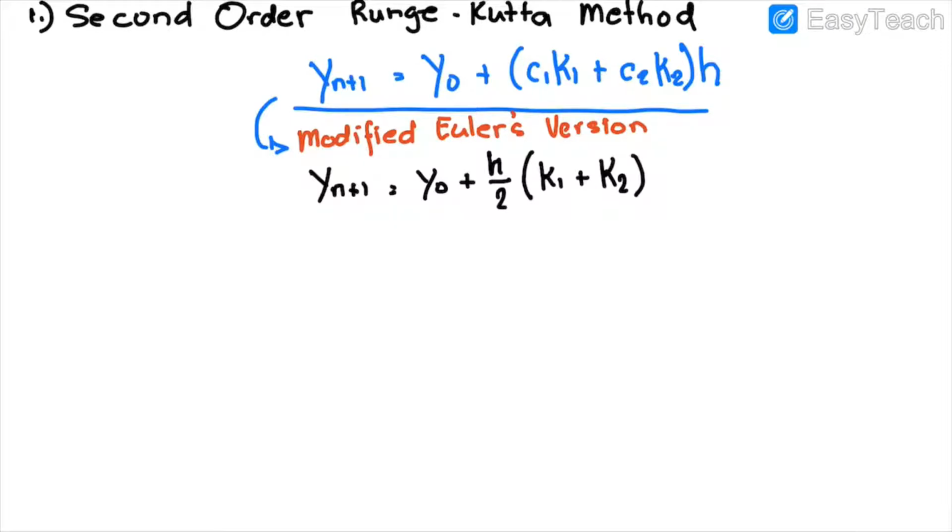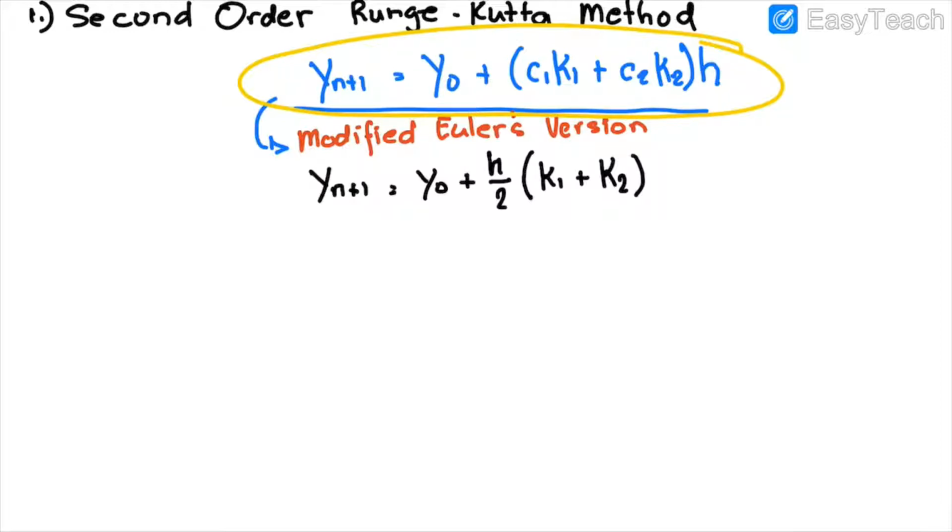With the second order Runge-Kutta method, its general form shows that the value of y sub n plus 1 should be equal to the initial value y naught plus the constant c1 times the computed value k1 plus the constant c2 times k2, times the adopted step size to ensure the accuracy of the answer, which is your h.